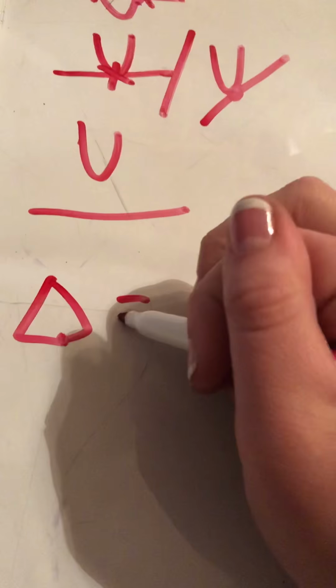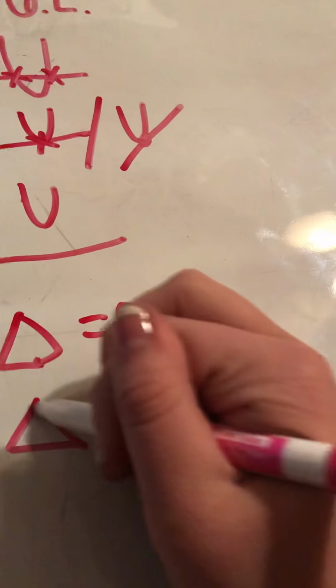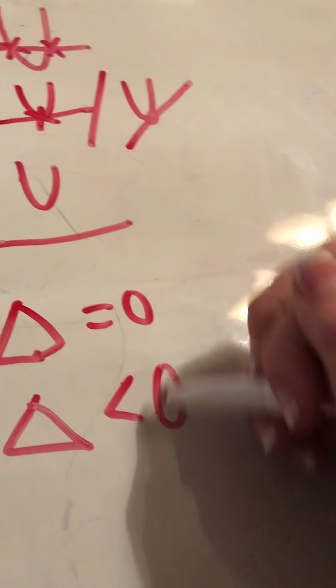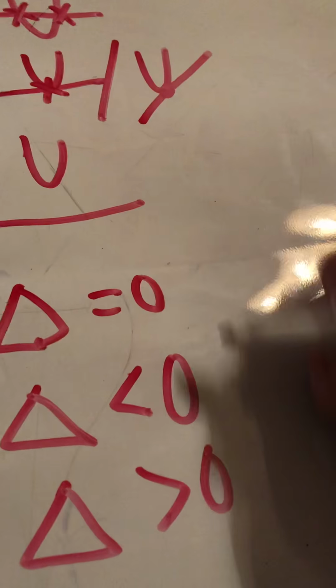And you also have missing. So this relates back to really so many chapters ago, with the discriminant. Whether the discriminant was equal to 0, less than 0, or greater than 0.